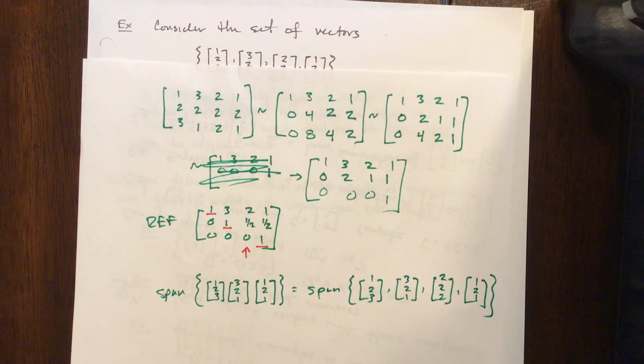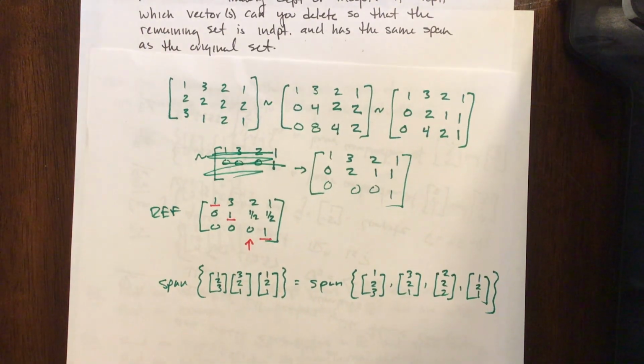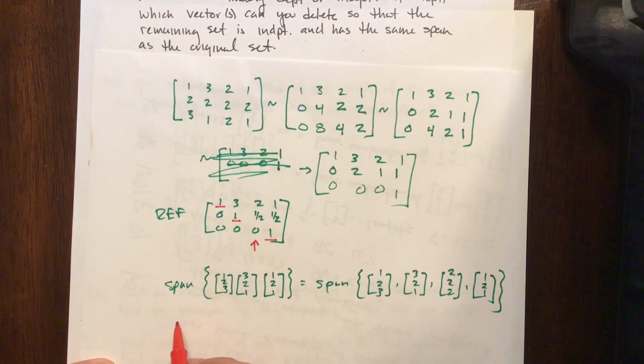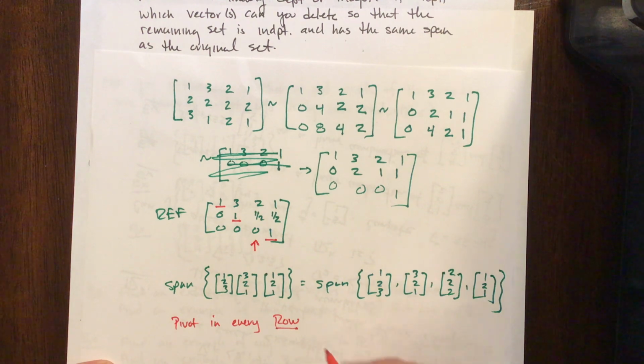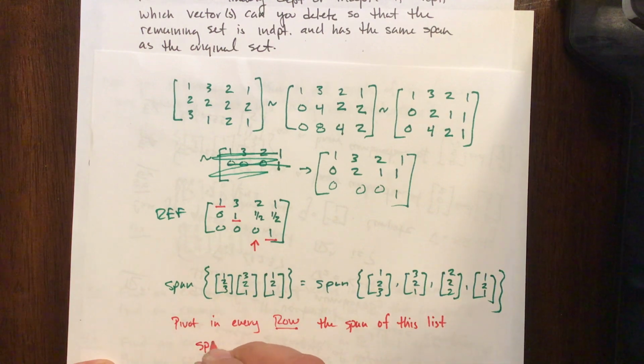Now, note that there's a pivot in every row. Because there's a pivot in every row, we can say that the span of this list spans all of R3.